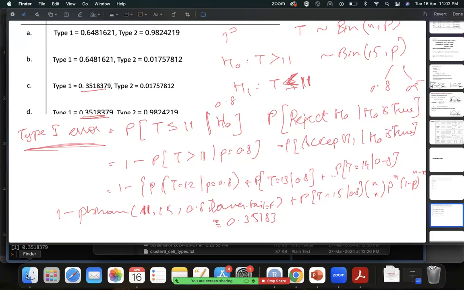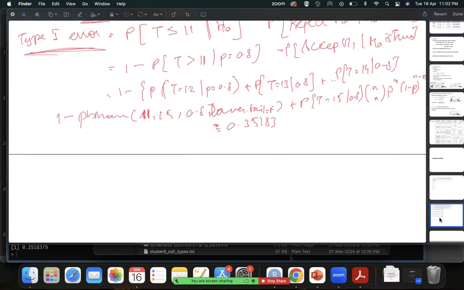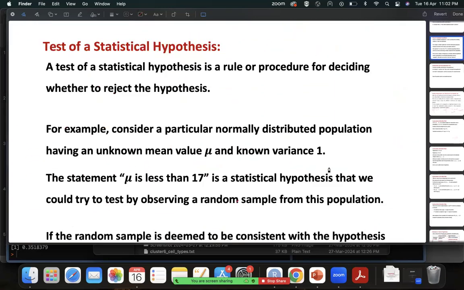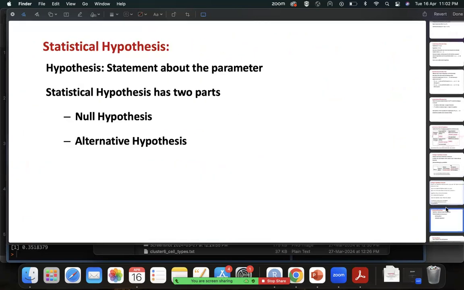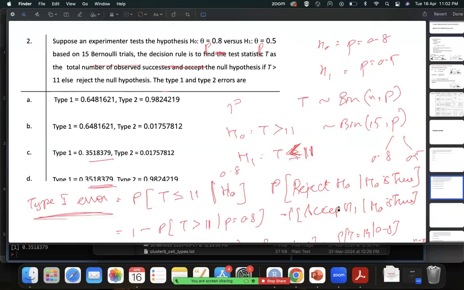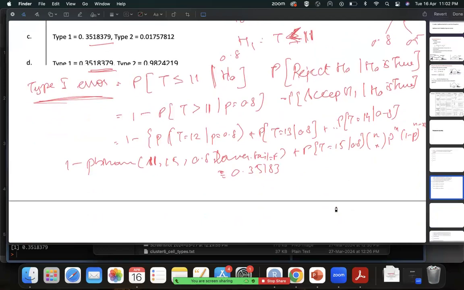And now we calculate type 2 error. We had type 1 error.